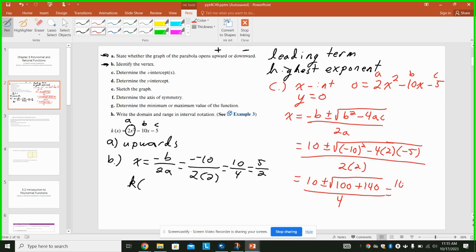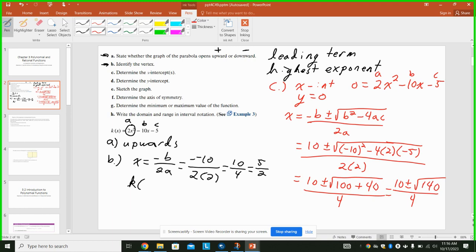I heard it a while ago. 240. 100 plus 140 is 240. You're right, because I did it in my head. Oh my gosh. My brain. Because this is just 40, and then we add it, and the answer is 140.